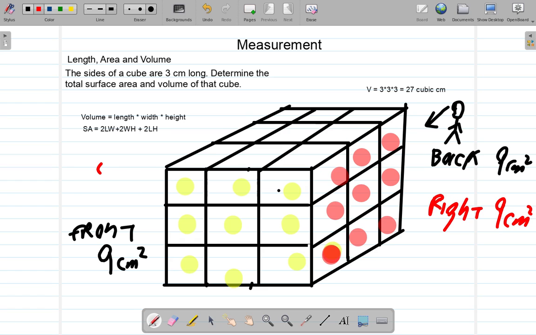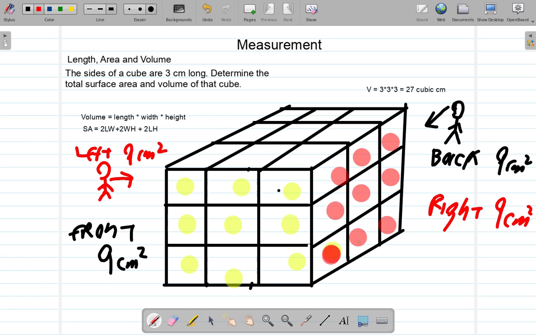Now, if you come over here and you look this way, you would also see 9 centimeters squared, a repeat of what we have over here. So, on the left, we have 9 centimeters squared.